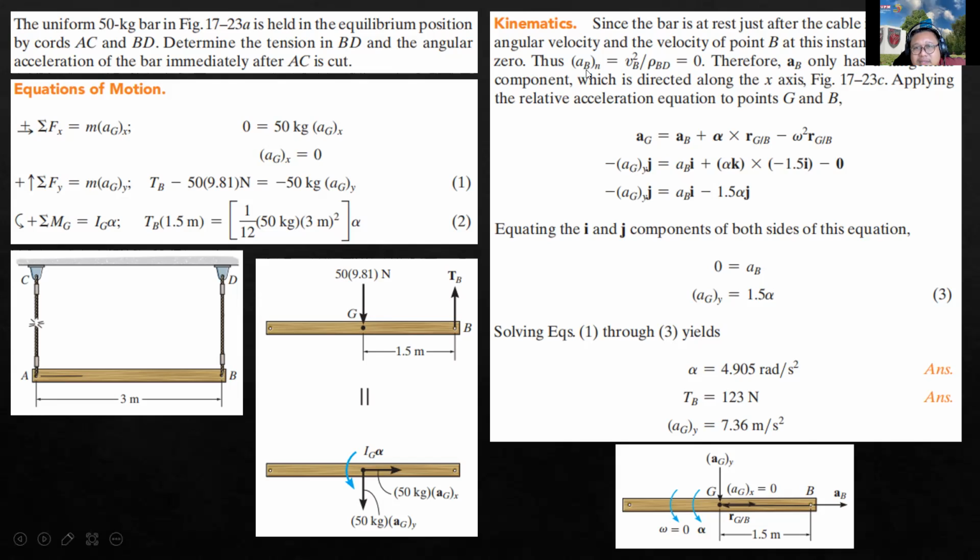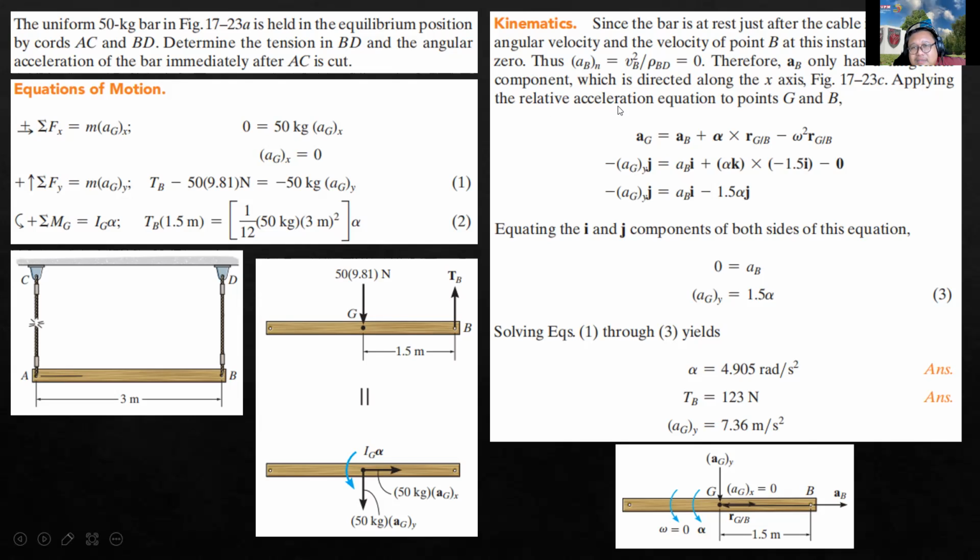Thus ABN, remember last time we learned about the normal acceleration, which is equal to V squared over rho. I hope you still remember that part. Therefore, AB only has a tangential component, which is directed along the x-axis.